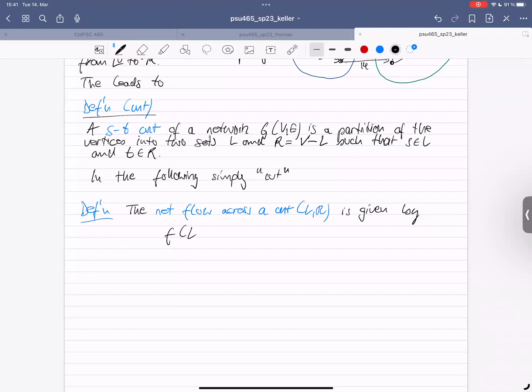We use this notation f(L, R). This will denote the net flow across the cut L, R. And we will simply sum up the flow that goes from L to R, this is over u in L and v in R, and subtract everything that comes back.